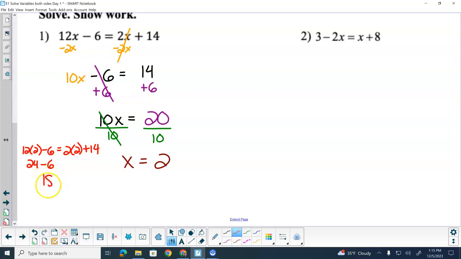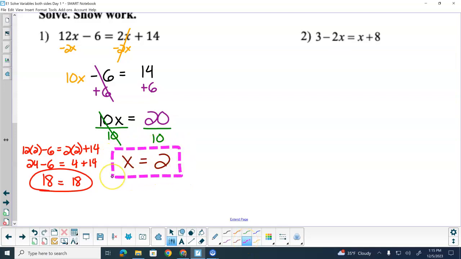Yeah, 18. 2 times 2? 4. 4 plus 14, 18. And if this is a true statement right there, then we can brag about our answer. Is 18 equal to 18? Yes, it is. So we can brag about our answer.